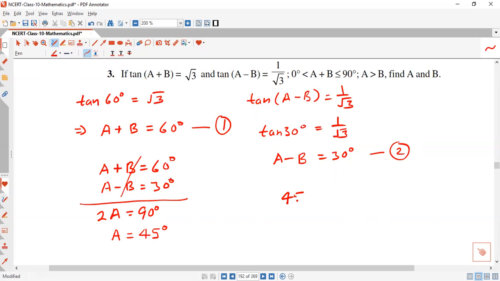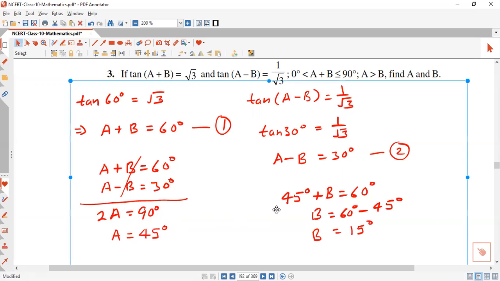So 45 degree plus B equals 60 degree. So B comes out 60 degree minus 45 degree, which will give you what? 15 degree. So angle A is 45 degree and angle B is 15 degree. This is the answer. A is greater than B, no doubt.